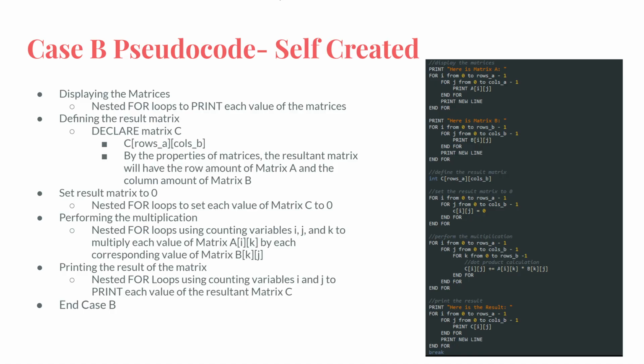And then after that, I print the resulting matrix, and I do another nested for loop to print each value of the matrix and print a new line for each row.